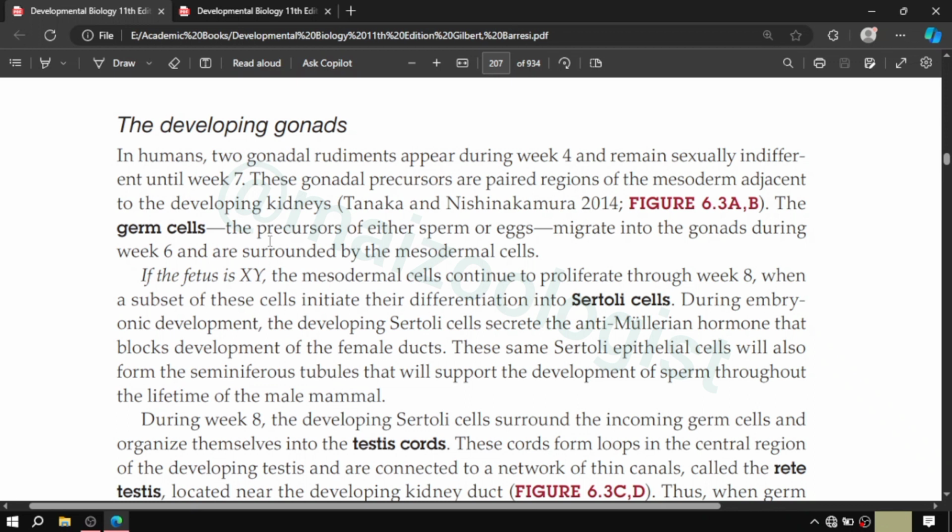Then when gonads have been determined, those gonads start producing hormones. For example, in the case of ovaries, estrogen, etc. In the case of testes, testosterone, etc. These hormones are going to cause the phenotype of the male or female to be obvious, or to be produced.